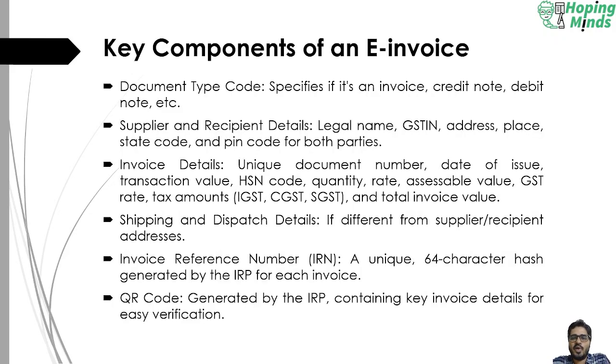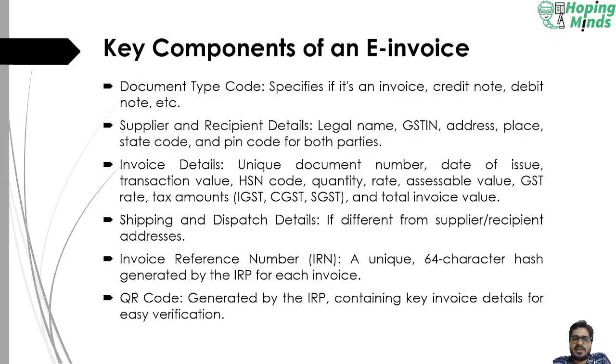So what are the key components of an e-invoice? Document type code. It specifies if it's an invoice, credit note or a debit note. Then supplier and recipient's details, that is the legal name, GSTIN, address, place, state code and PIN code for both the parties.